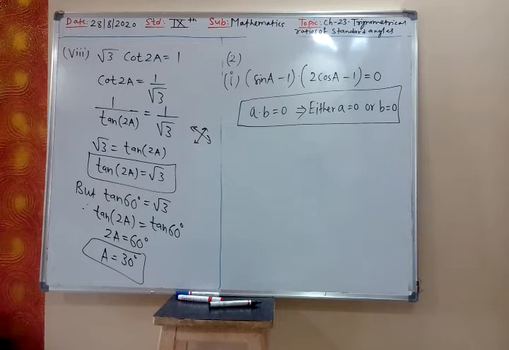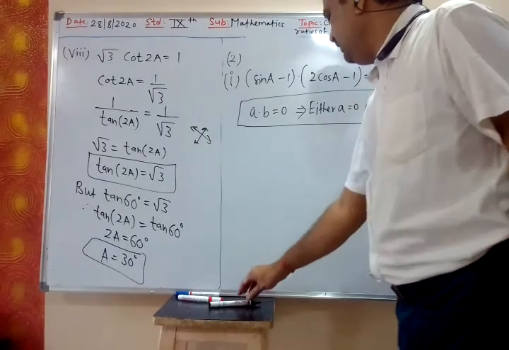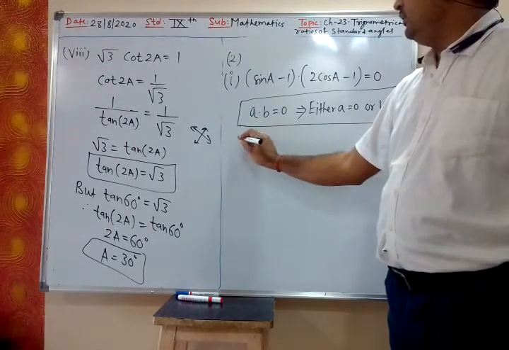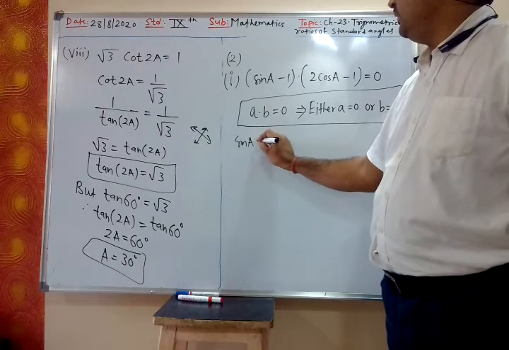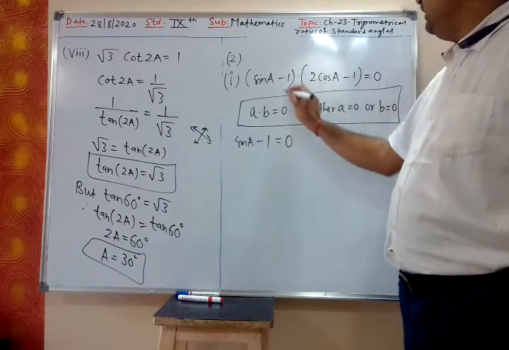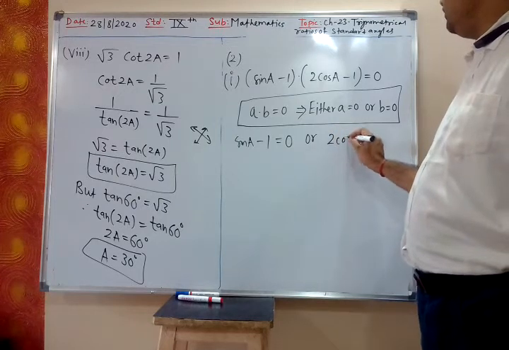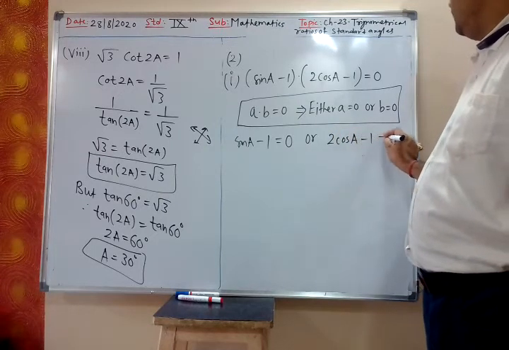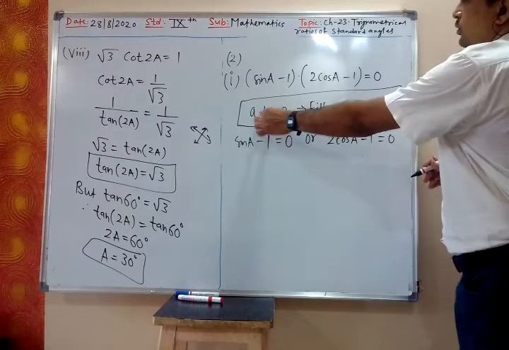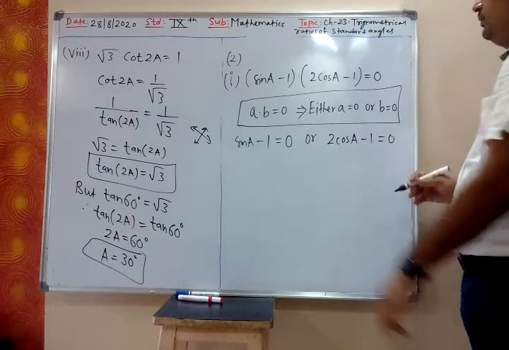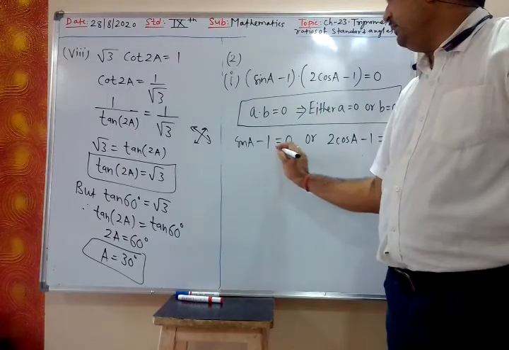So the same logic we apply. Sin a minus 1 into 2 cos a minus 1 is 0. That will give you sin a minus 1 is 0 or 2 cos a minus 1 is 0.